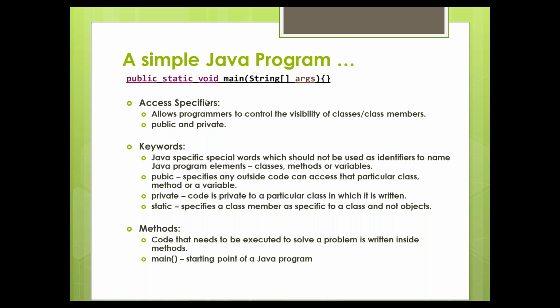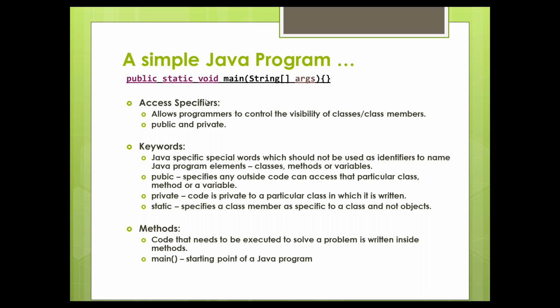Anybody can access your method, or anybody can import your class. That is what is meant by public, as the name itself suggests, public to every other code. As you see, public is in purple color, that is a keyword. As I told, keywords are specific to Java, and you cannot use them as identifiers.